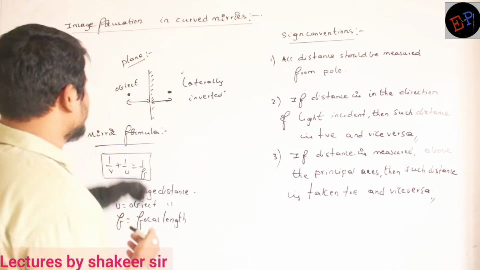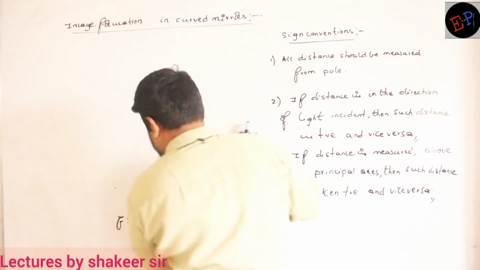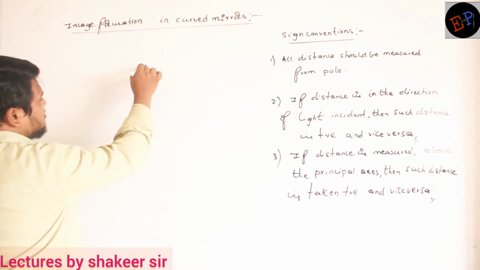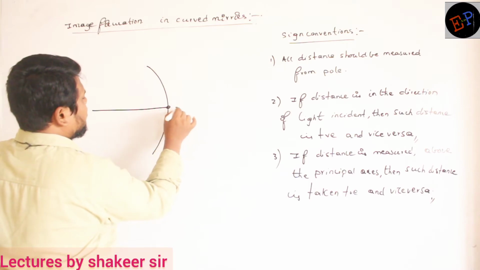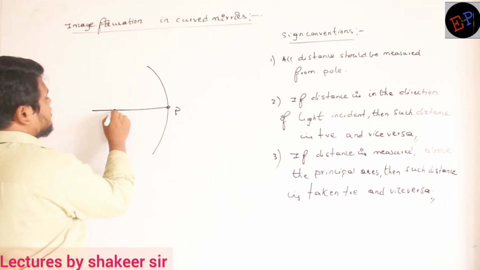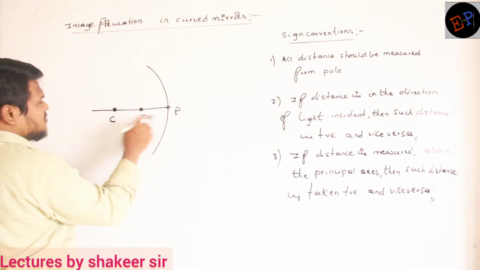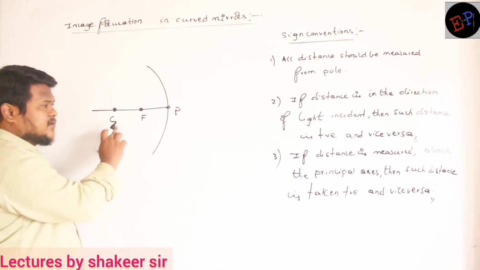Now let us try to understand the meaning of this. Consider this is a concave mirror. This is the pole, this is the center of curvature, and this is the focus. The focus will be exactly in the middle of the center of curvature and pole.